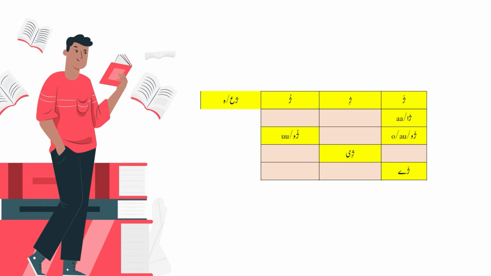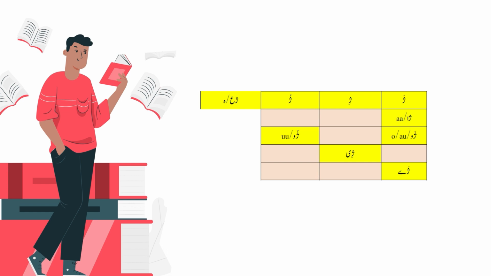With zer, ji. With pesh, ju. With ain, ja. With alif, ja. With zabar followed by vav, jaw. With pesh followed by vav, ju. With zer followed by ye, ji. With badi ye, je.